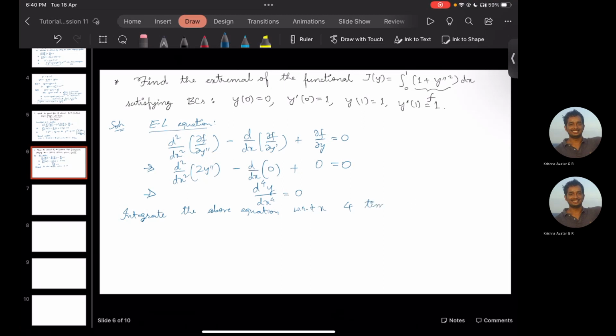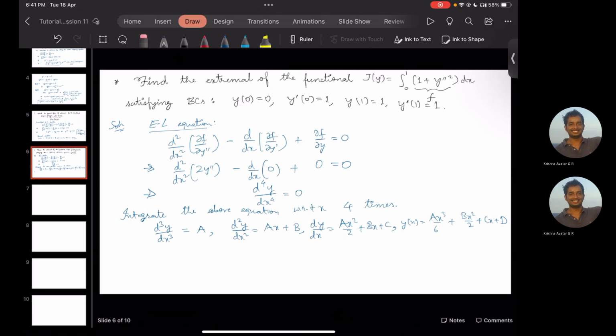So integrating first gives us, and then second gives us, third gives us, and integrating once more gives us y of x equal to ax cubed by 6 plus bx squared by 2 plus cx plus d, right? So a, b, c, d are the constants of integration.